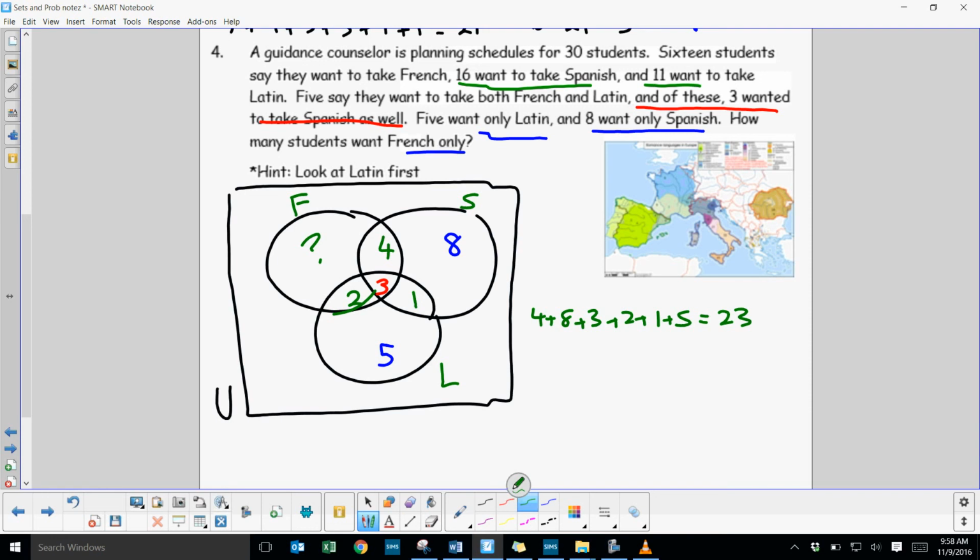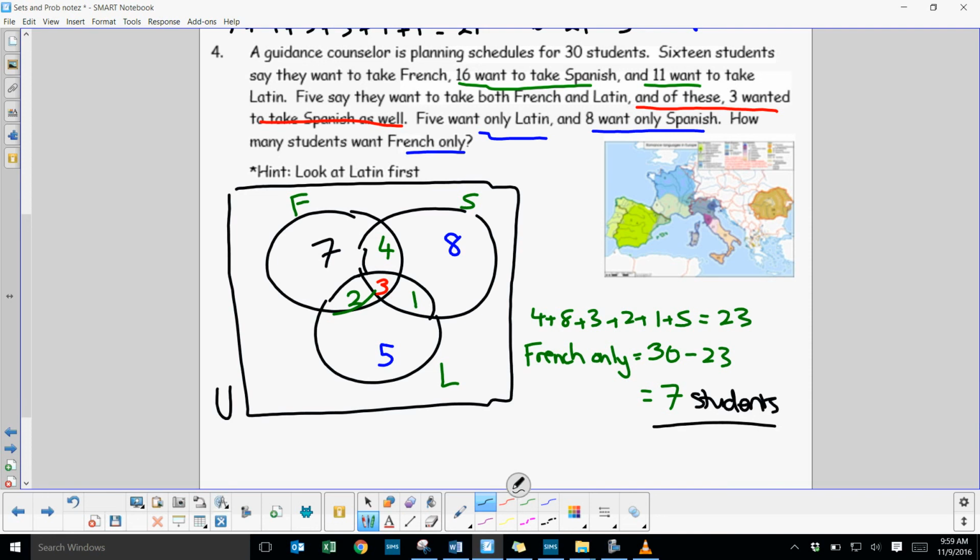So French only must be the total, which is 30 minus 23, equals 7. So let's put that in here now. There must be a 7 there. So 7 students. In a way, you've worked it out down here, so you can just state that this is the answer. And that's a little brief introduction to Venn diagrams.